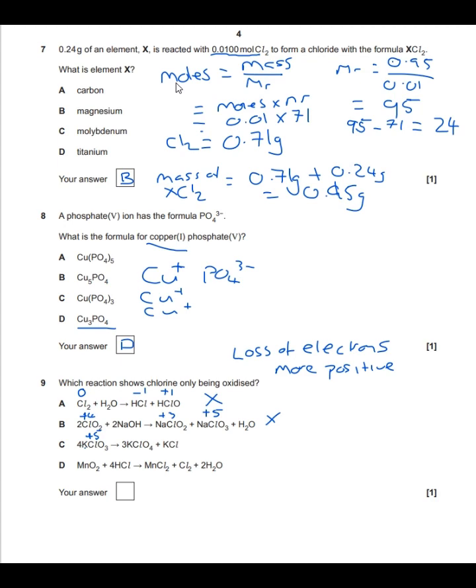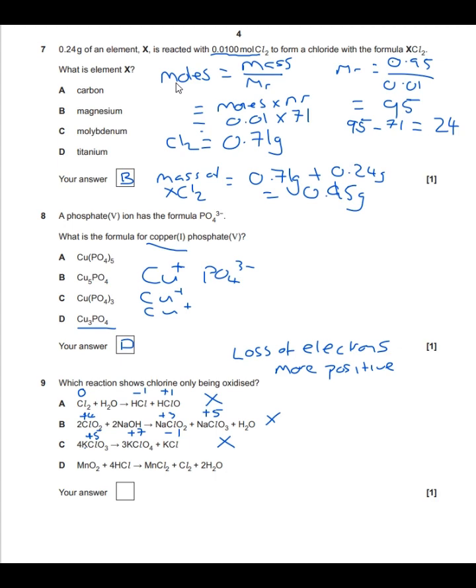In the two products, we have +7 and -1. So again, going from the reactant to the product is being both reduced and oxidized because the oxidation number has increased and it's also being reduced there. So it's not going to be that one, so it's probably going to be D.